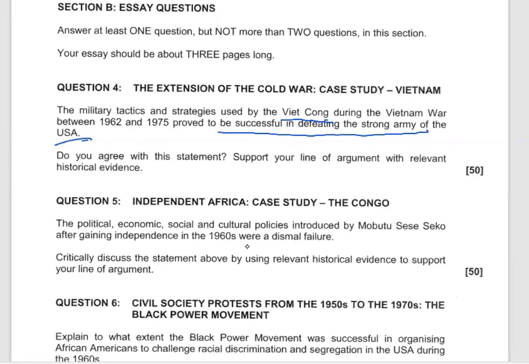Those are the Viet Cong strategies that you must highlight. And you must link them to the fact that they were effective in defeating the strong army of the USA in your linking statements.